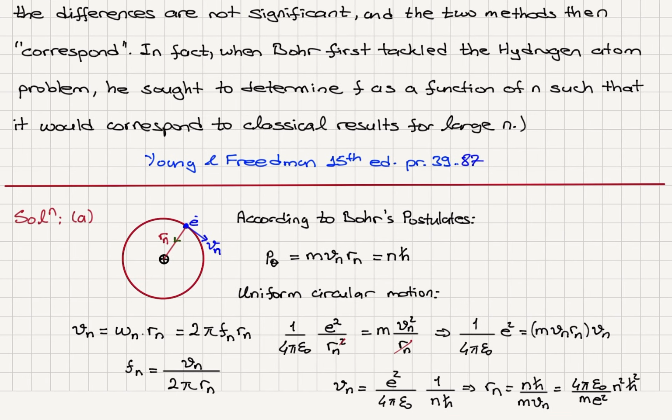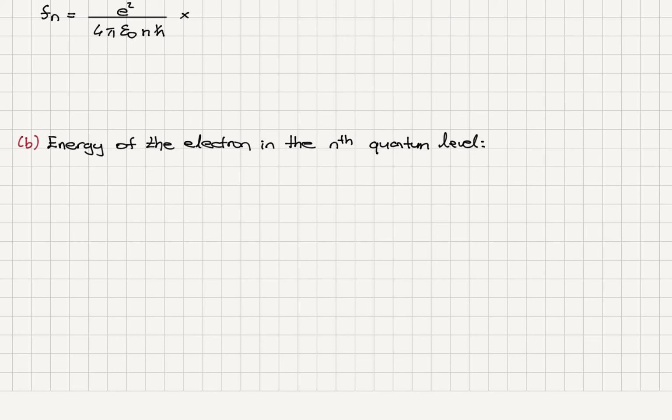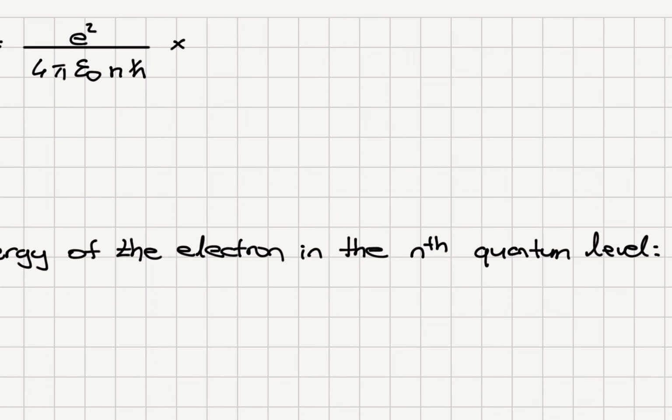So r n is here. We're going to take the reciprocal of this: m e squared over 4 pi multiplied by 2 pi, 8 pi squared epsilon 0 n squared h bar squared.